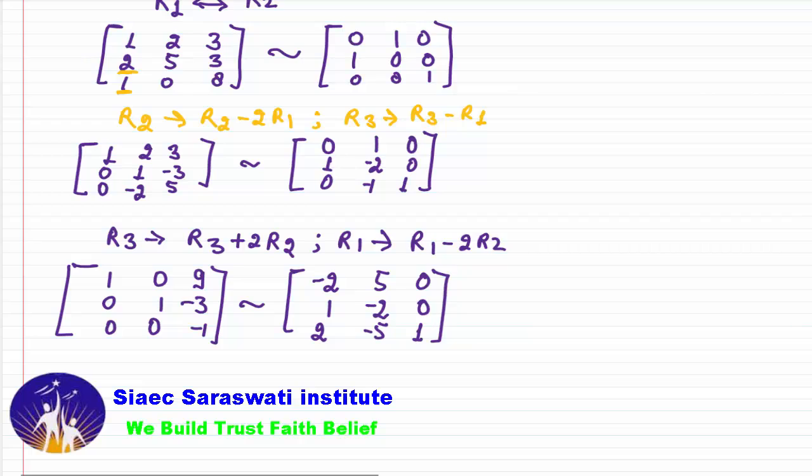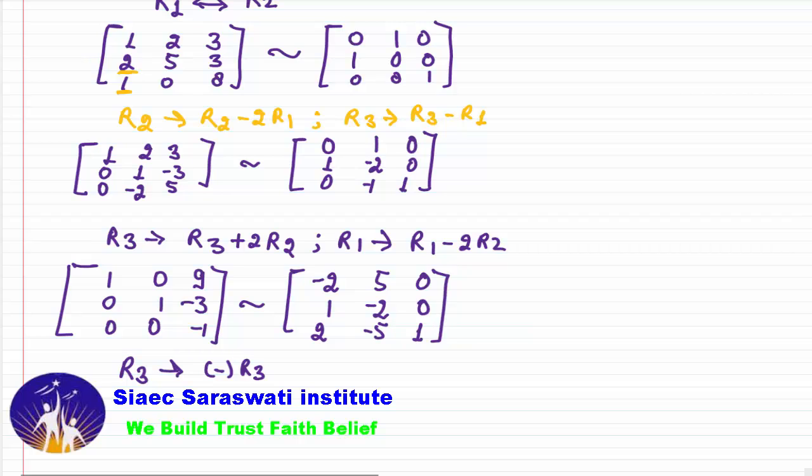Okay, now in the place of this corner element, that third row and third column element, that must be 1, but here it is minus 1, so we will multiply R3 with minus, R3 becomes minus R3.